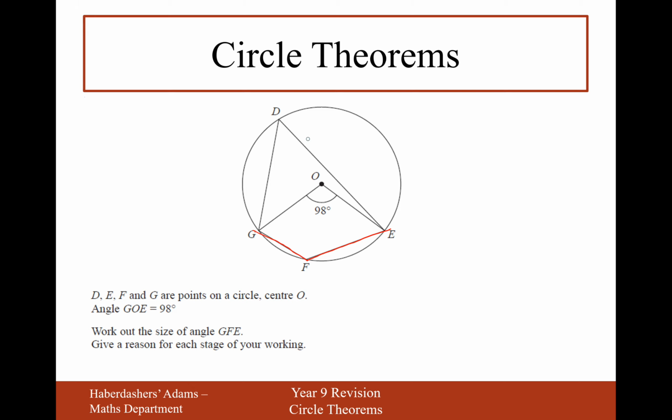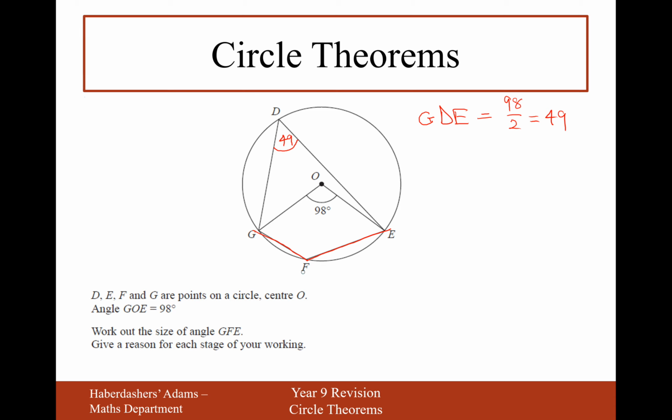What I have to do first in this question is to go up to this angle first up here. So the Arrowhead Theorem is going to come into play first. I need to half this angle to get this angle up here. So angle GDE is going to equal half of 98. 98 divided by 2, which will be 49.